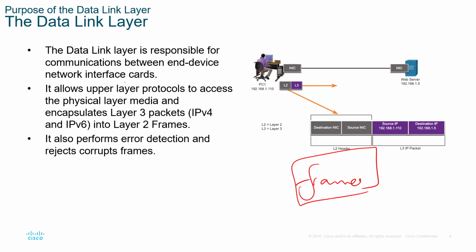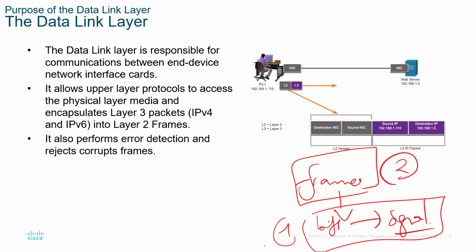We translate all that data into a frame, which is then translated into bits at the physical layer. Then the bits are translated into a signal. It can be an electrical signal, it can be light pulses, depending on the type of media that we have. So this is at layer 2, then this is at layer number 1.